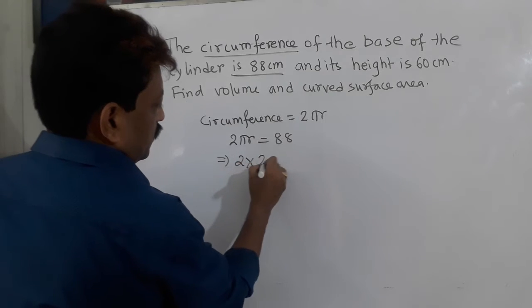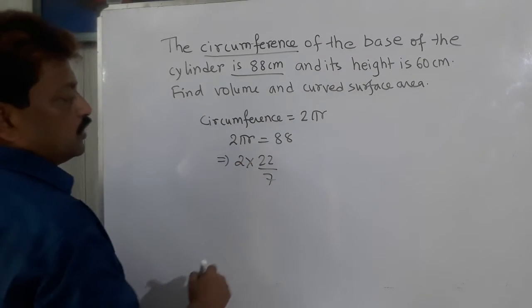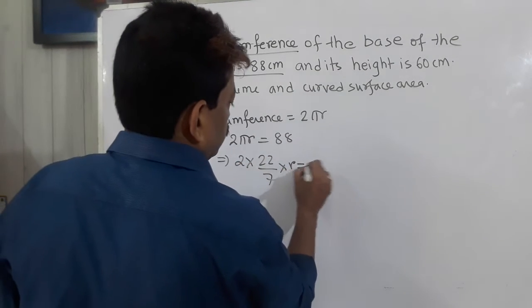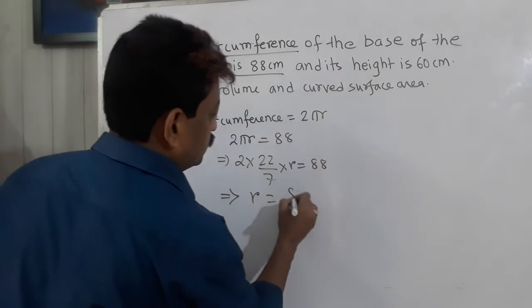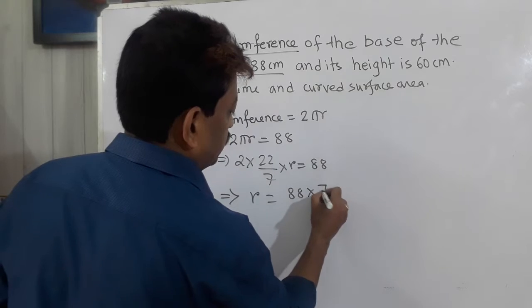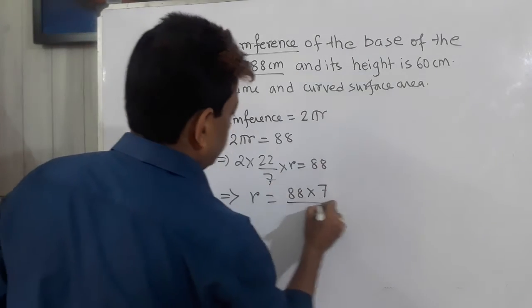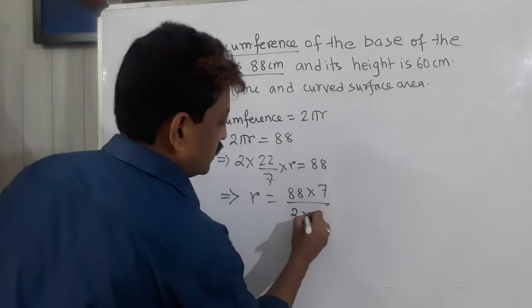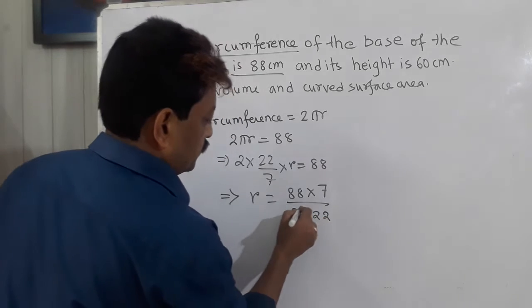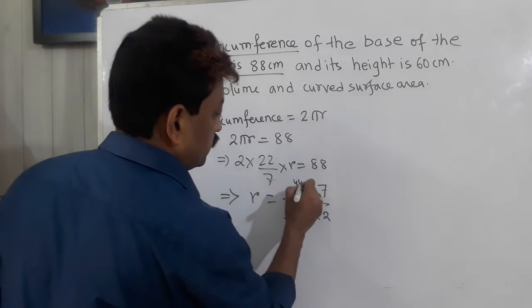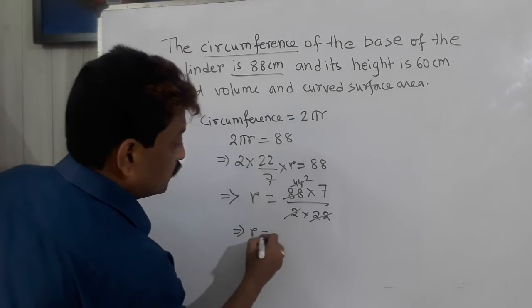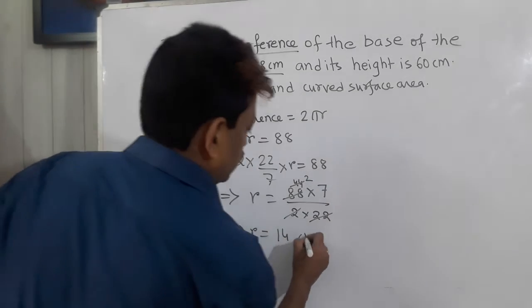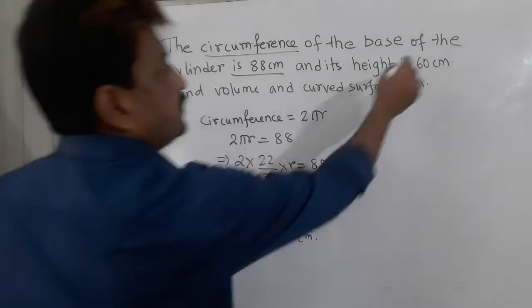Now putting pi equals 22 upon 7, we can find the radius. r is equal to 88 multiplied by 7. This 7 will be multiplied and this 2 into 22 will come in the denominator. So this will be 44 and then 2. So radius is 14 centimeter and height is 60 centimeter.